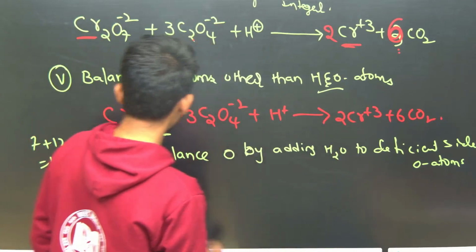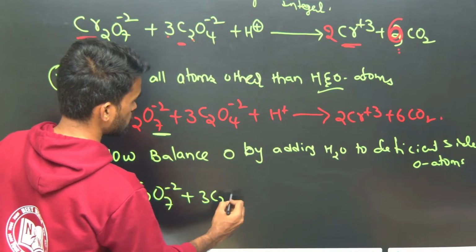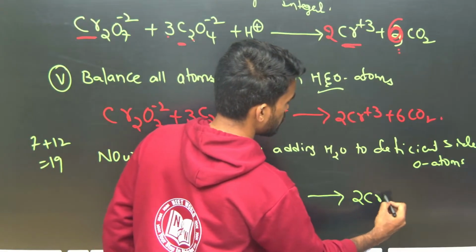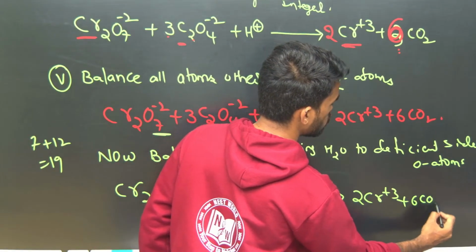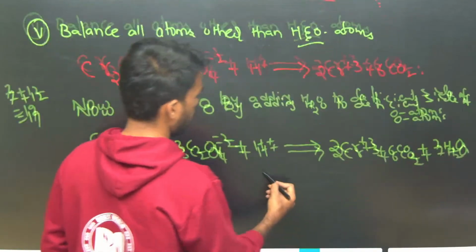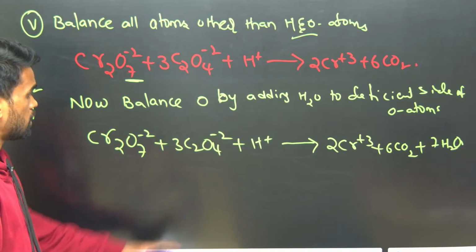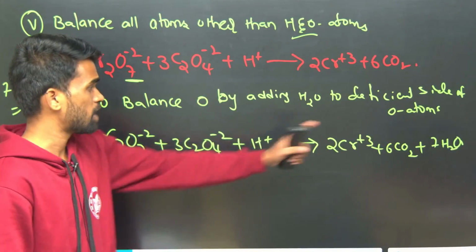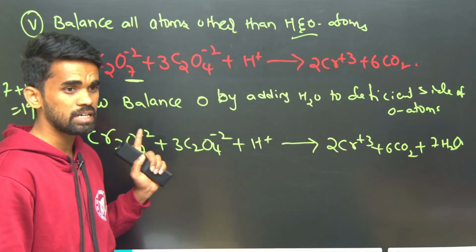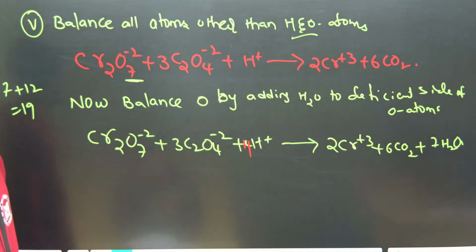So I add 7 H2O on the product side. Now what about hydrogen atoms? Add H plus ions on the deficient side. This side is deficient, so you can add 14 H plus. That's it. The equation is balanced.